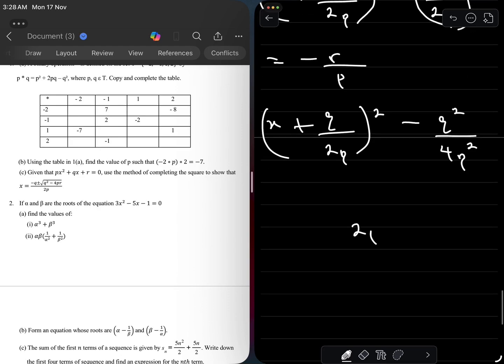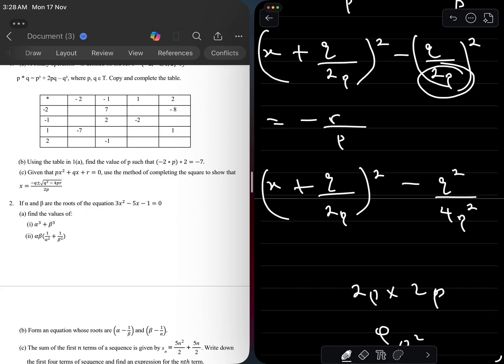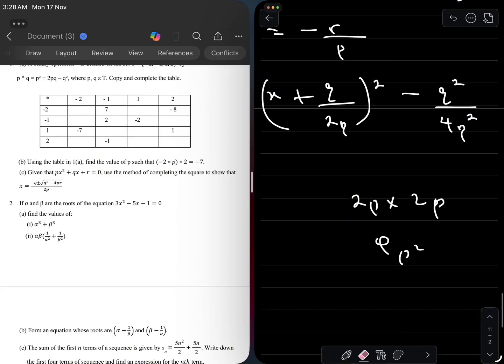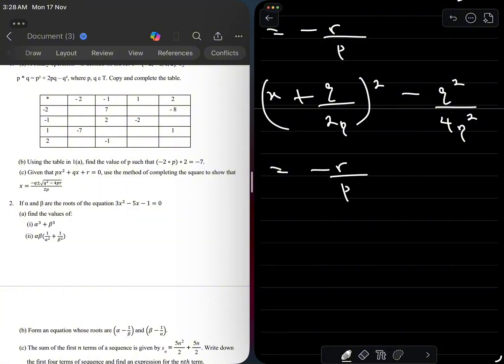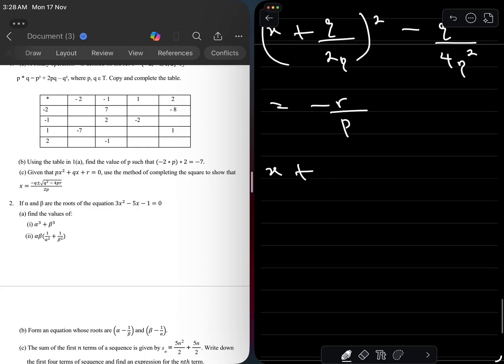If you square 2p, that simply means 2p times 2p, and that gives us 4p squared. So this denominator is 4p squared. And now let's write down equals minus r over p.